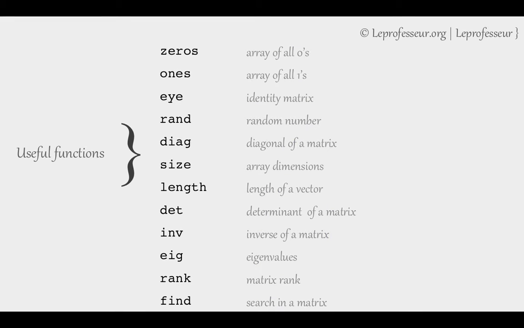Now let's talk about some basic useful functions that you might need to use. Different ways you may use simple functions. Zeros to make an array of all zeros, ones to make an array of all ones, I to make an identity matrix, random number to generate a matrix of random numbers.